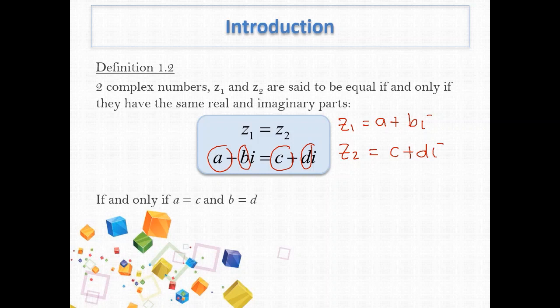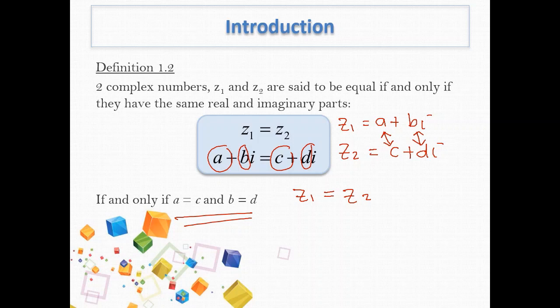You can claim that z1 is equal to z2 whenever you can prove that a is equal to c and b is equal to d. Only then you can say that these two complex numbers are equal.